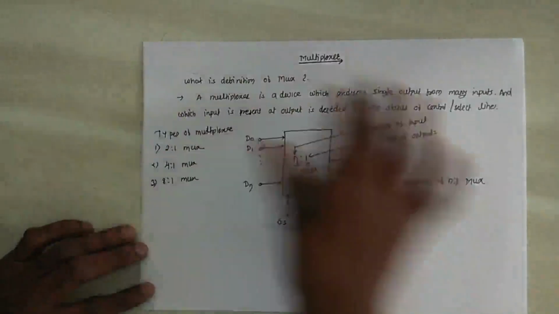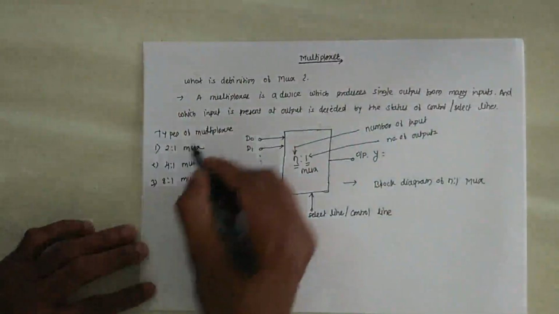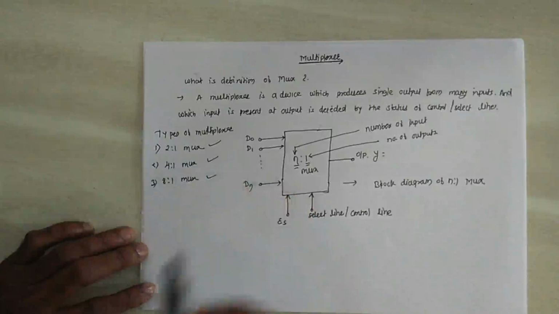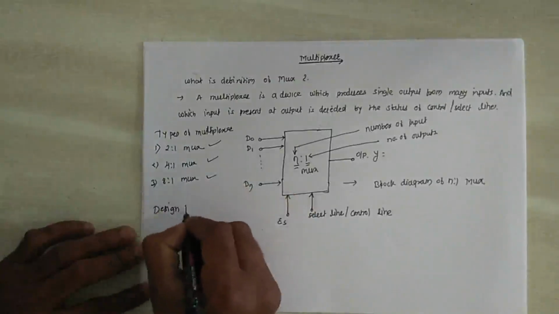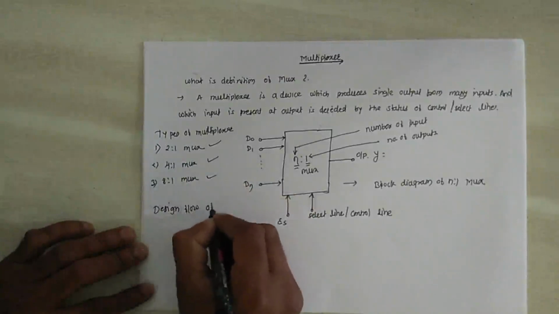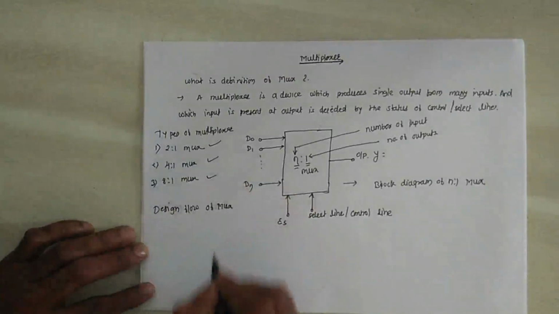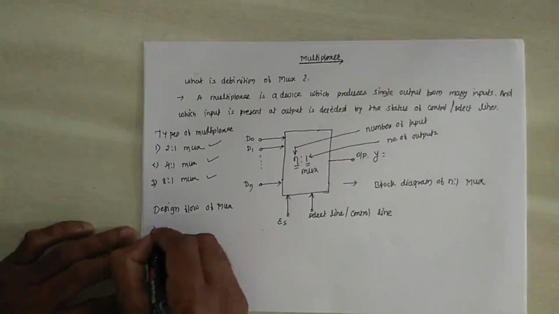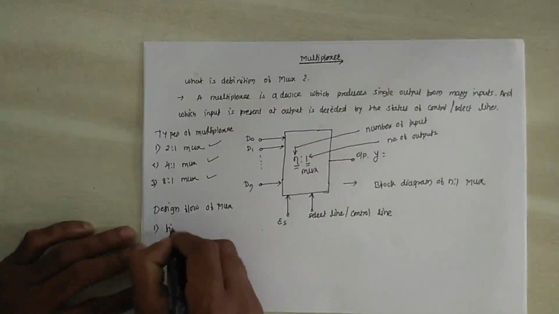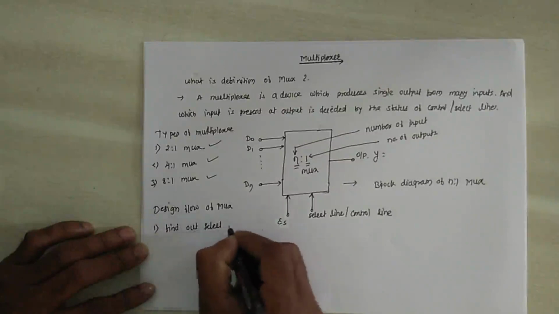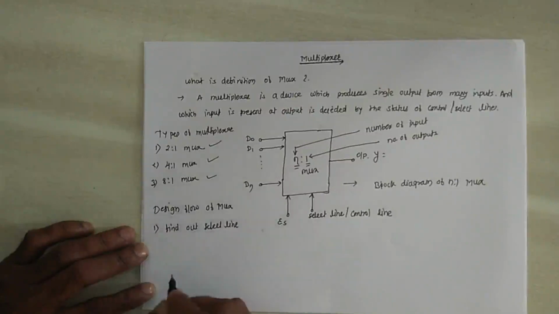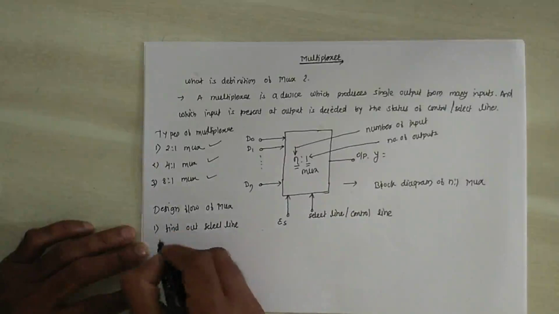After this, we are going to study each and every multiplexer in detail, and there is a design flow of a mux. In which steps do we have to design the mux? First, we have to find out the select lines, how many select lines are required to design a mux.